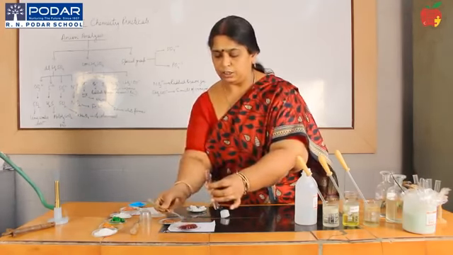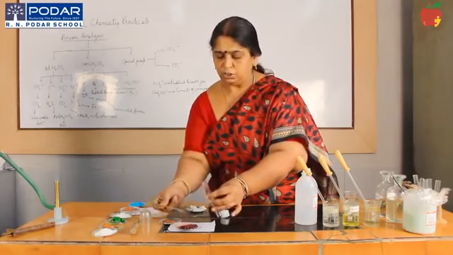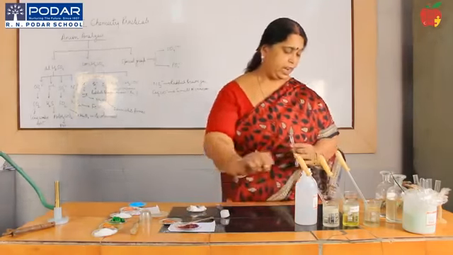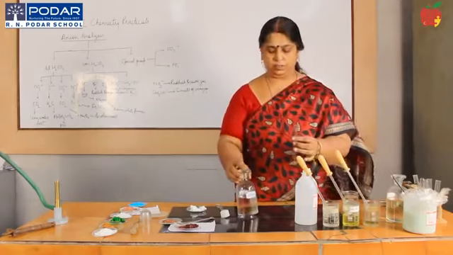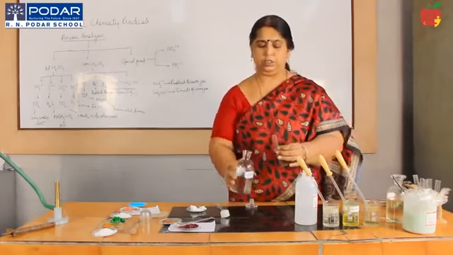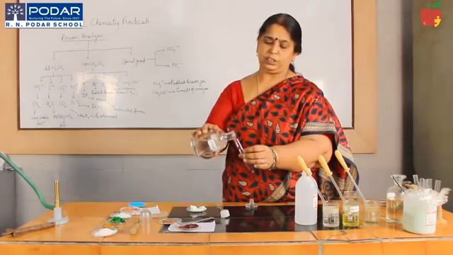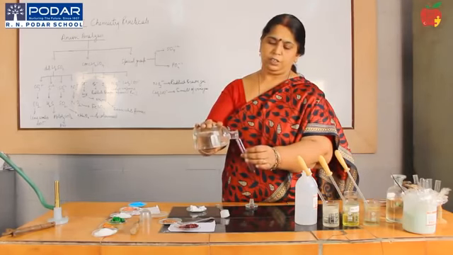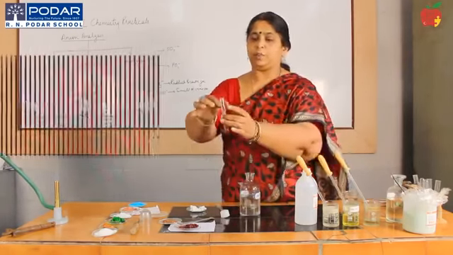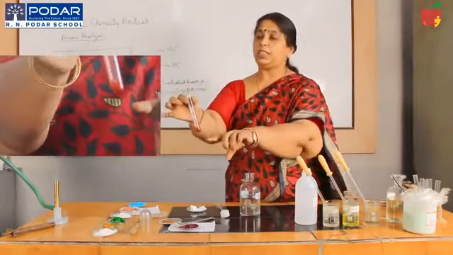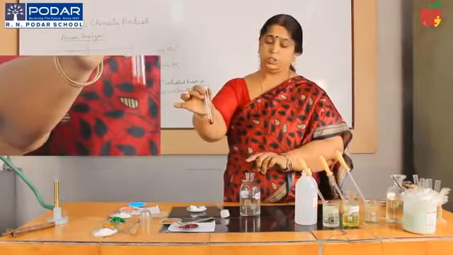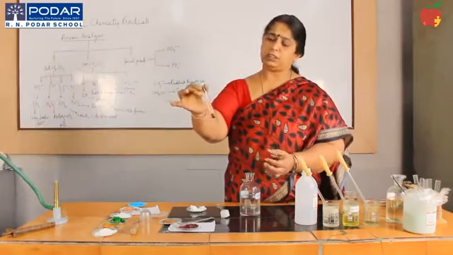A nitrate, and to this you see when I add dilute sulfuric acid, I see nothing has happened. There is no change, there is no gas evolution, isn't it? So we didn't see any brisk effervescence or anything.